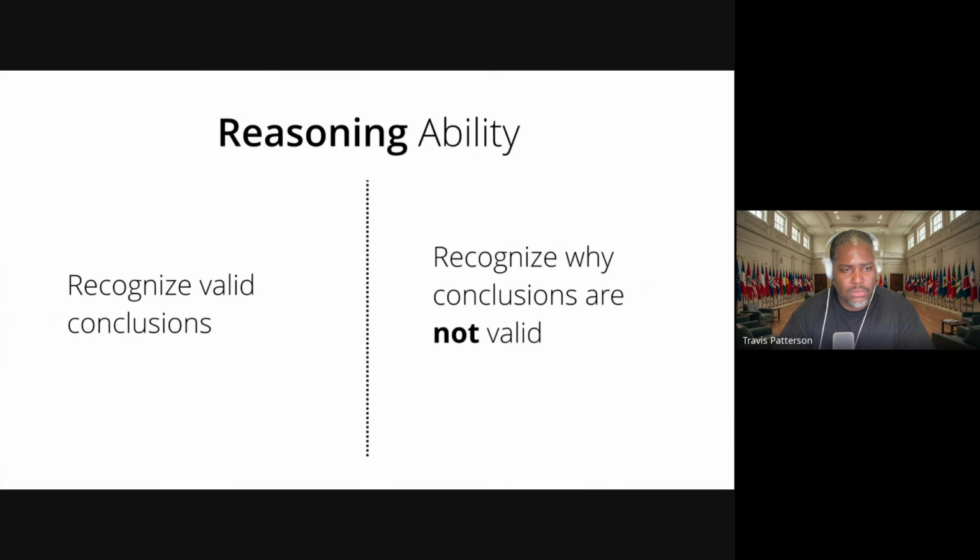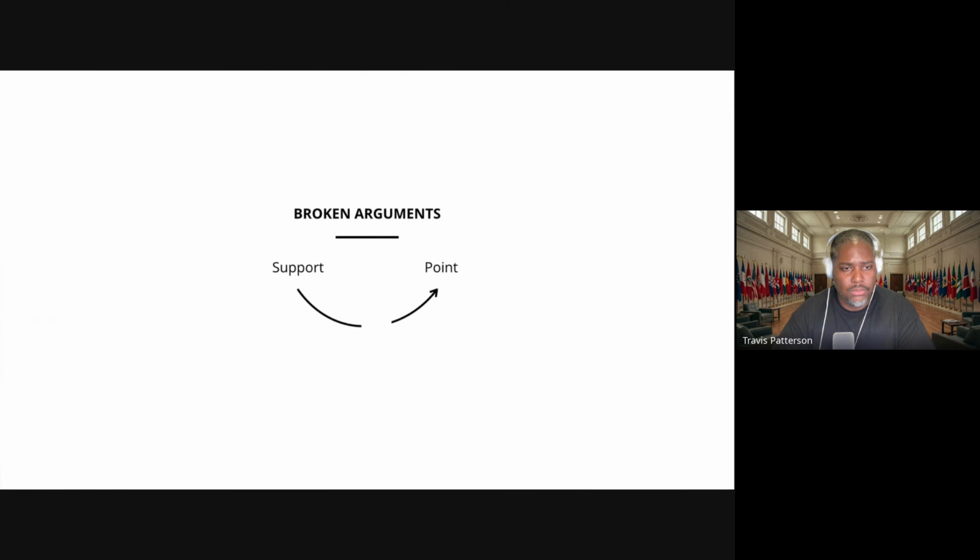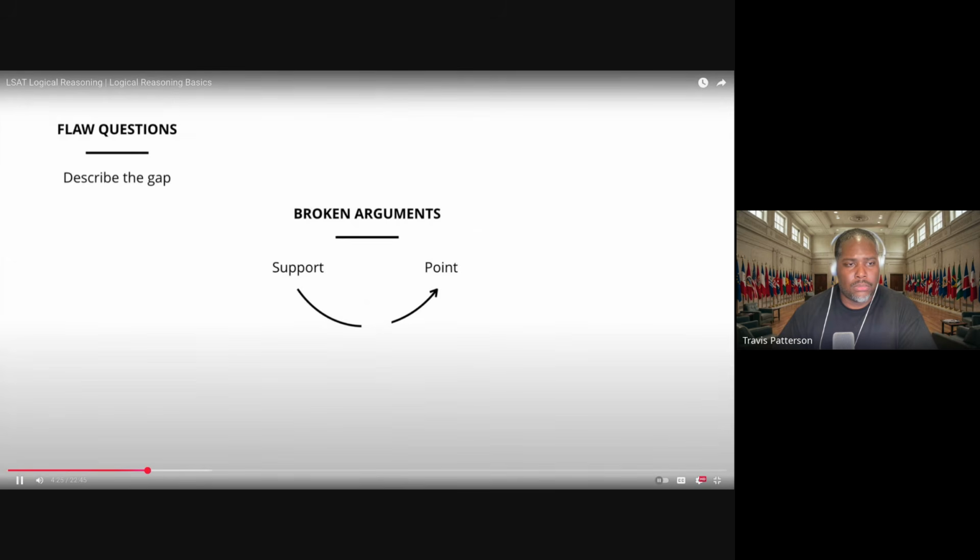Okay, and this is one of the most important things, I think, to know about the logical reasoning section. There are 7 different types of questions that hinge on your ability to see in a very clear and specific way why the support given does not guarantee the conclusion reached. Flaw questions simply ask you to describe this problem as clearly as you can.